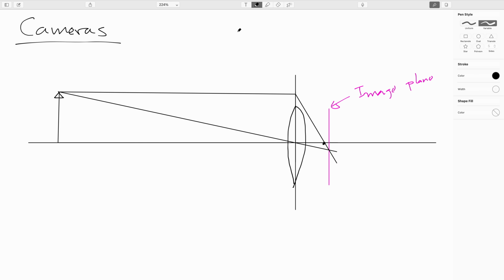And of course, it isn't just the special rays that contribute to the image, but literally any ray you can imagine. Say this ray here would refract like so, contributing to the image, and so forth. Lots and lots and lots of rays.